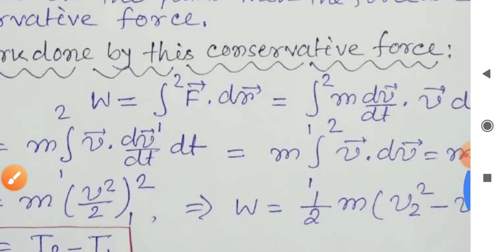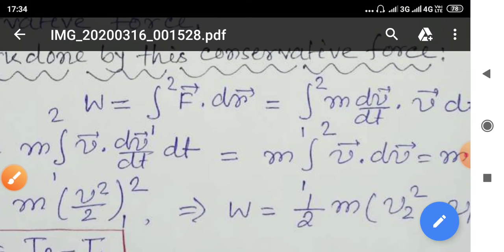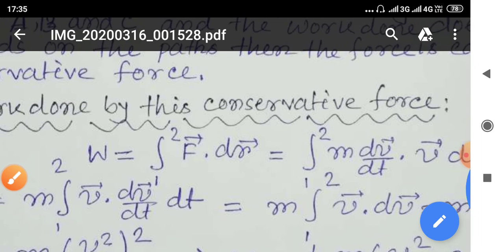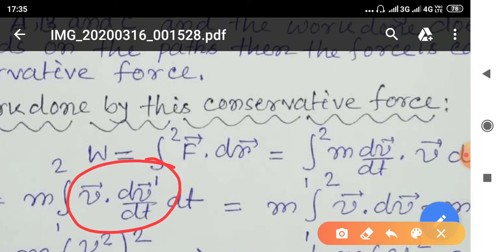So if we rearrange all the terms again, then we can take m outside the integration because it is a constant quantity, and inside we can write v vector dot dv/dt.